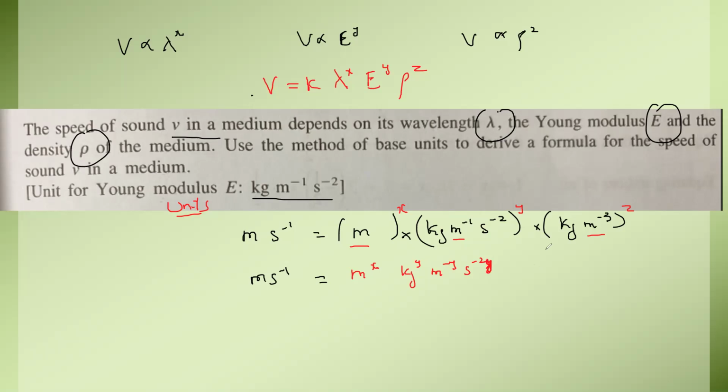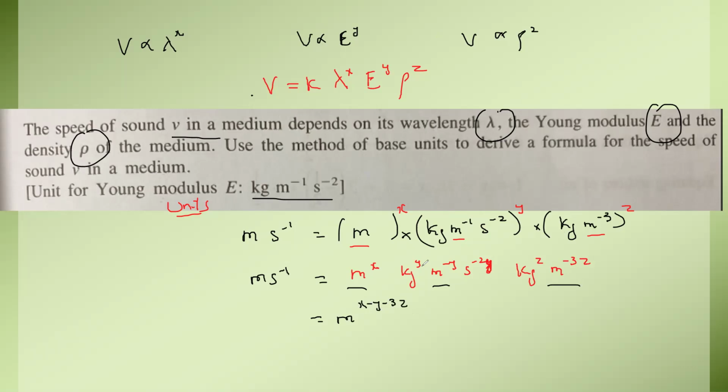And this will be kilogram raised to power z and meter raised to power minus 3z. Now we simplify the common m raised to power x, m raised to power minus y, and m raised to power minus 3z. So this will be m raised to power x minus y minus 3z.